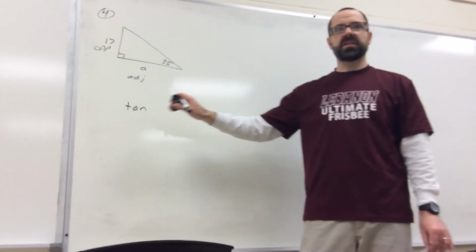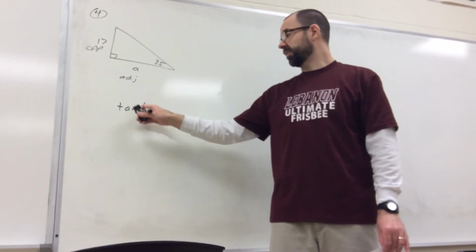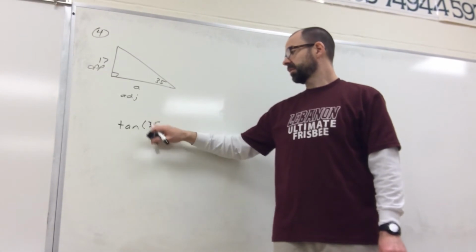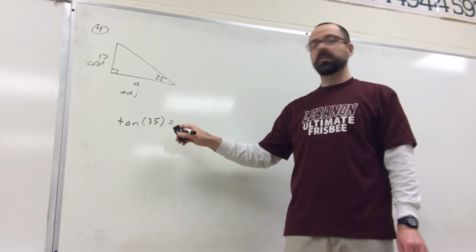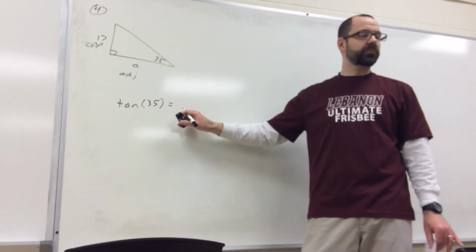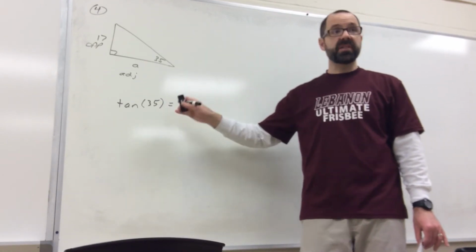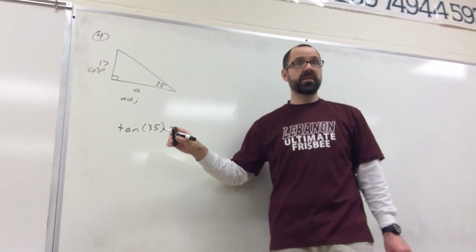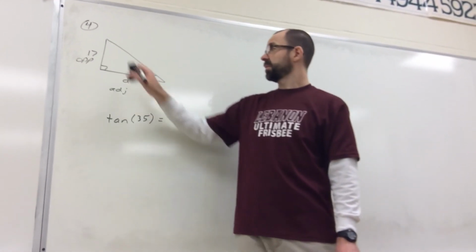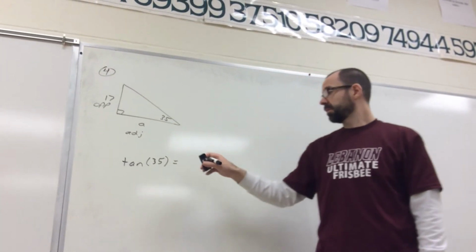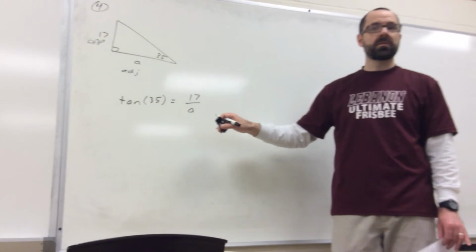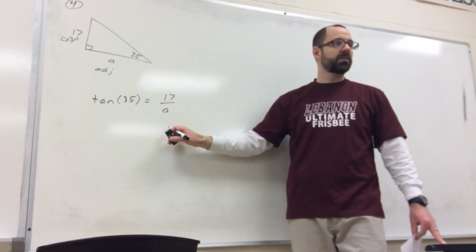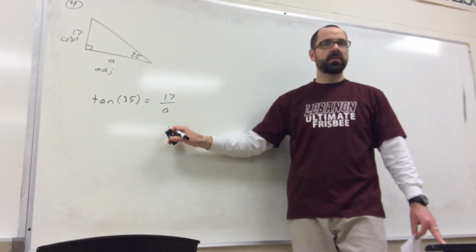And you always take the tangent of the angle, so it's tangent of 35. The tangent fraction is opposite over adjacent, so that's 17 over A. Everybody still doing okay?